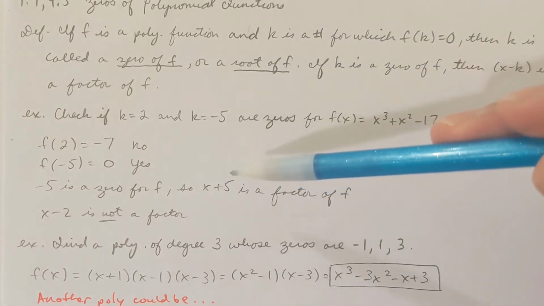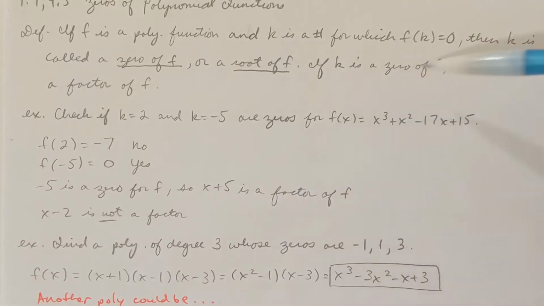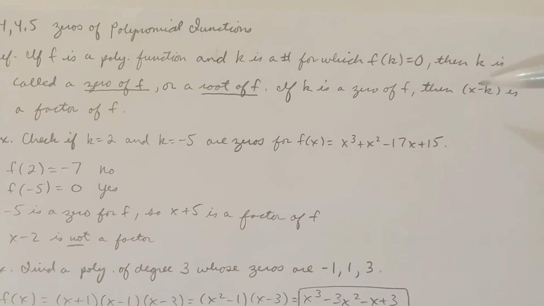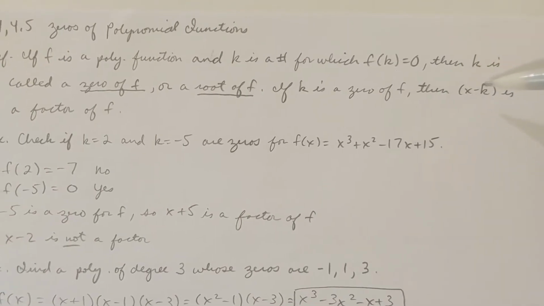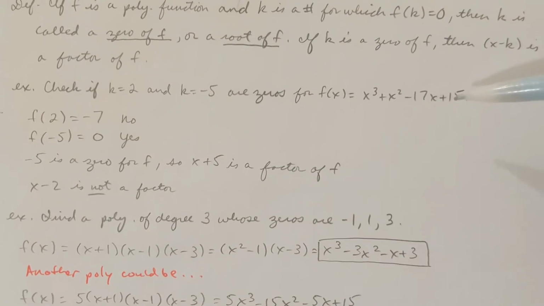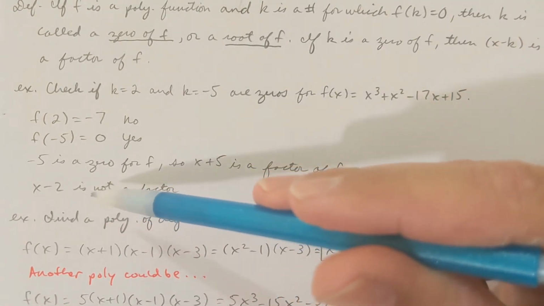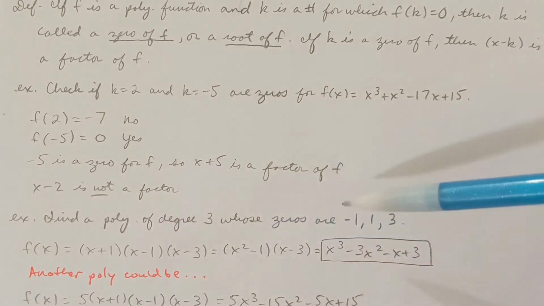Okay, so -5 is a 0 of f, and so therefore I would conclude that x minus -5, or x plus 5, is a factor of f, using this statement right here, if k is a 0 of f, then x minus k is a factor of f. And I would also conclude that x minus 2 is not a factor of f.